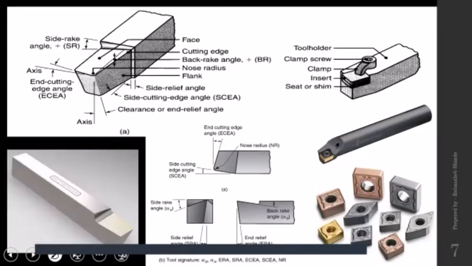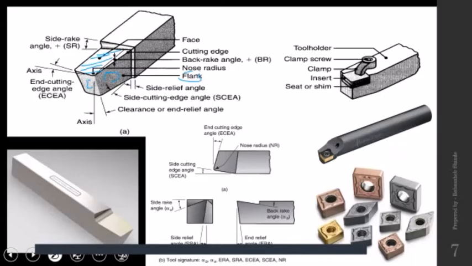Okay, let's continue. So we were discussing this single point cutting tool geometry. This top face called the rake face decides the flow of the formed chips, whereas the flank, this face and this face, those two faces are going to decide the clearance between the cutting tool and workpiece.